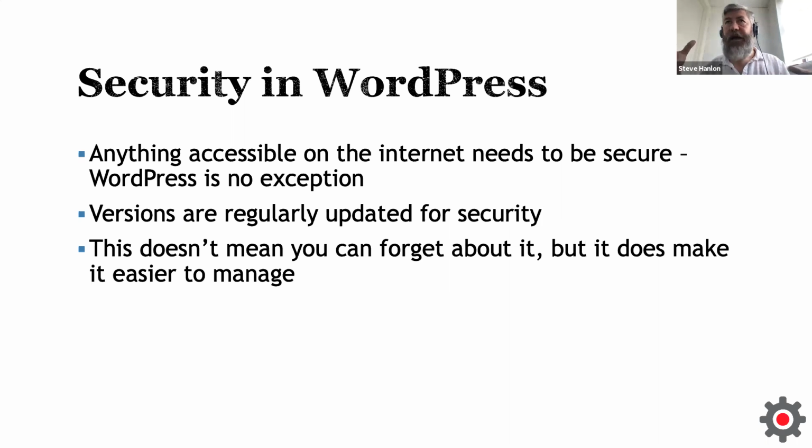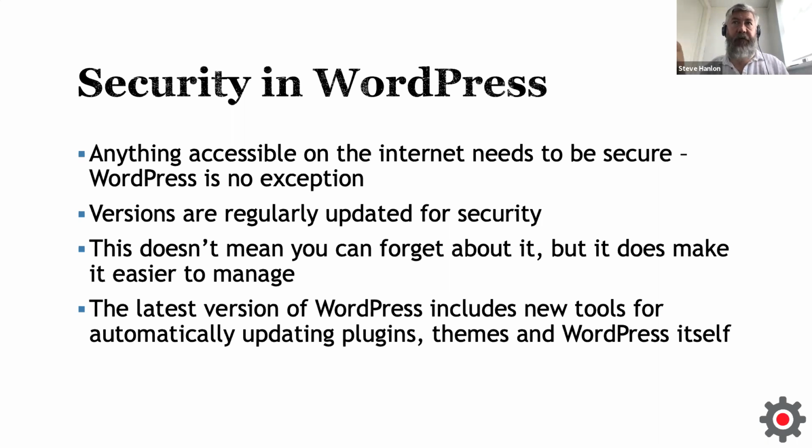It doesn't mean that you can just install it and not do anything, but it takes care of the basics, so you just have to cast an eye often and make sure that everything's okay. And the latest version of WordPress allows you to update plugins, so plugins will automatically update as new versions are released.